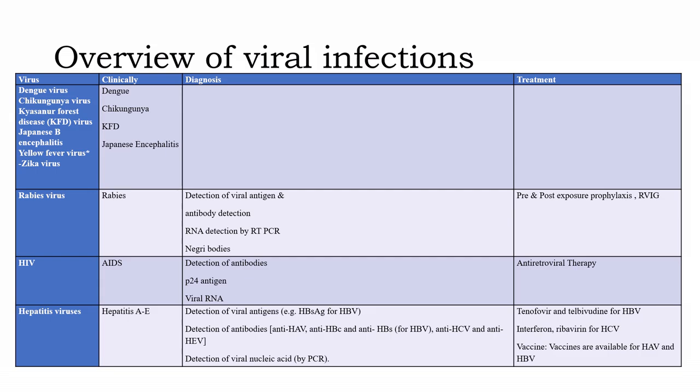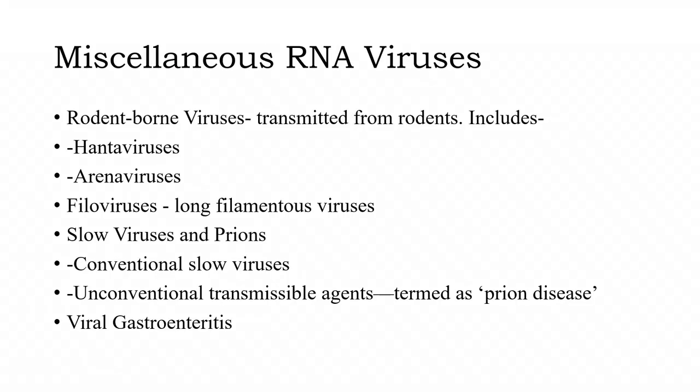Hepatitis viruses A to E are all from different families, but they are grouped together because they have a common site of infection, that is the liver. Apart from this, you have some miscellaneous viruses like hantavirus, arenaviruses, slow viruses, and prions. Prions are very important because they have hardly any treatment potential right now, and there are some viruses which can cause gastroenteritis also.